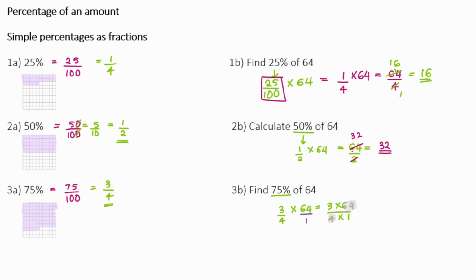And because I've got 64 and 4, I could simplify these by dividing by 4, because these both appear in the 4 times table. 4 divided by 4 is 1, and 64 divided by 4 is 16. So in my numerator now, I just have 3 times 16. I could put this in a column method to work it out. So 6 times 3 is 18, and 3 times 1 plus the 1 gives me 48. So 3 times 16 is 48, and that is 75% of 64.